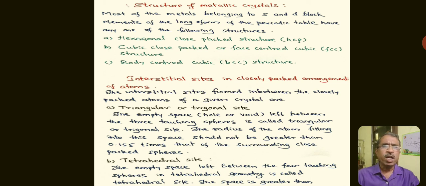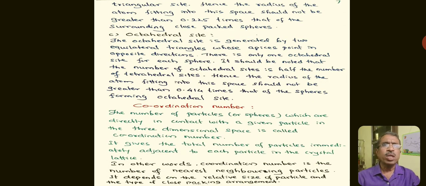In case of the tetrahedral site, the empty space left between 4 touching spheres in tetrahedral geometry is called the tetrahedral site. The space is greater than the triangular site. Hence the radius of the atom fitting into this space should not be greater than 0.225 times that of the surrounding close packed spheres.